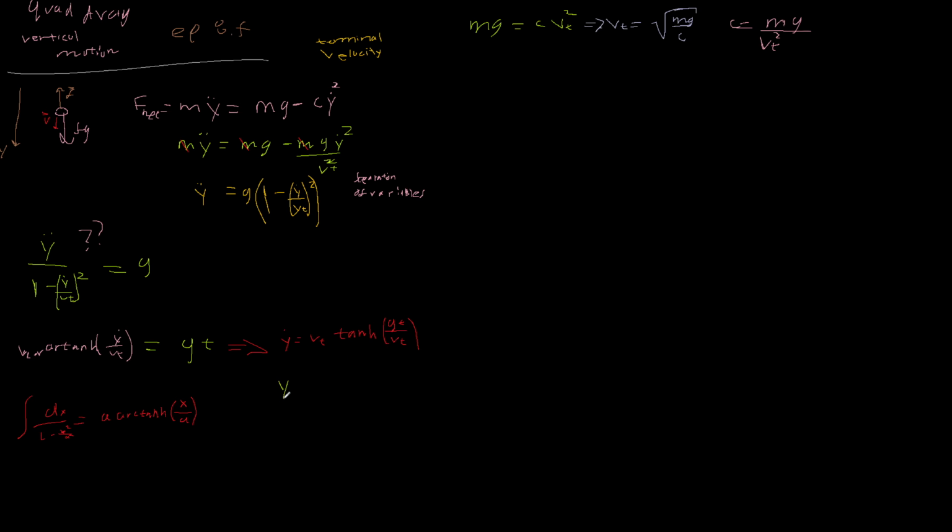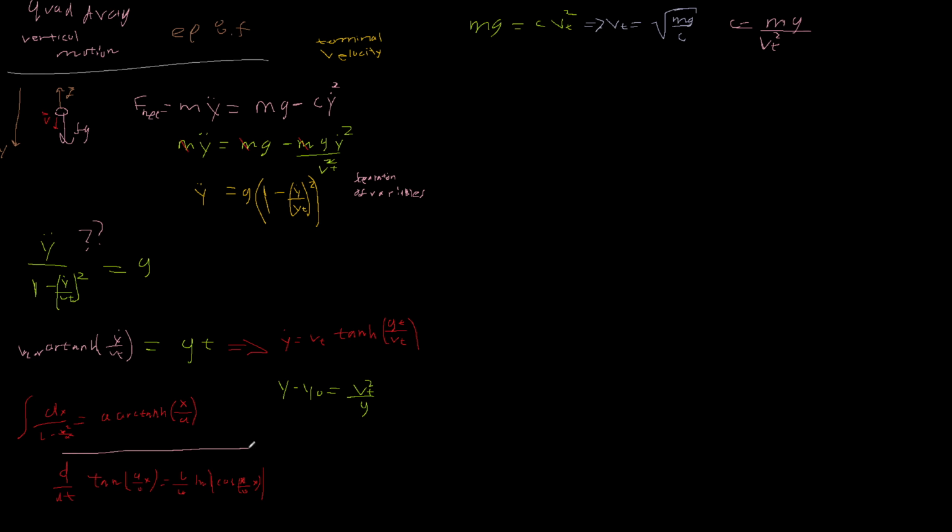You can solve this once more. y minus y naught equals, and this is going to give us vt over g, and then obviously we have another vt squared because the derivative with respect to time of tanh of a over bx, right, is b over a natural log cosh of x a over bx, right? You can prove that for yourself if you want.